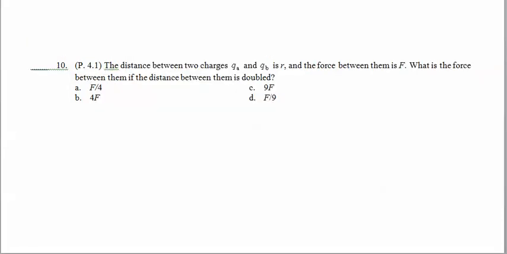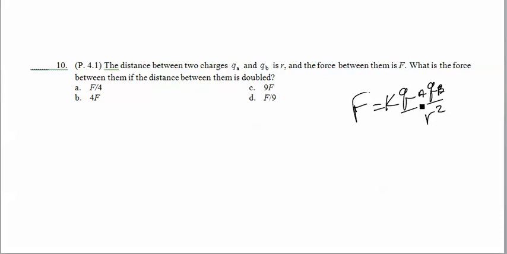Okay, the distance between two charges, QA and QB, is R. The force between them is F. What is the force between them if the distance between them is doubled? Well, this goes back to that inverse square law that we've talked about several times. And what that is then is that the force is equal to K times Q1, Q2, or A and B, all over R squared.